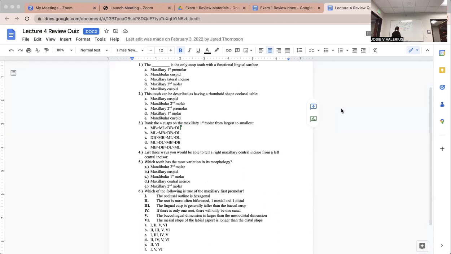When you're looking at a maxillary incisor, we're just going to forget about the root. Can anyone tell me which tooth this would be? Would this be right or left? Someone said it. Right, yeah. Do you know why?